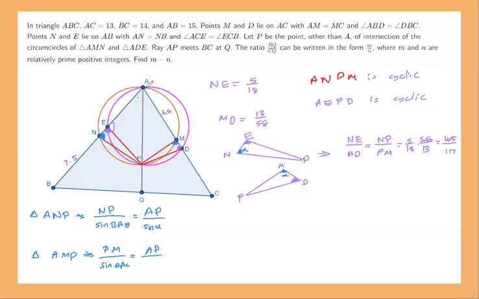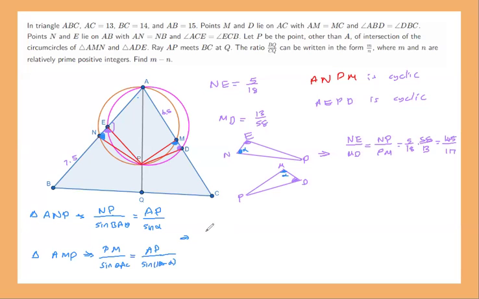AP over, so we know AP is opposite to this angle in AMP, but this angle is not the same as alpha. That's 180 minus alpha. Sine of 180 minus alpha doesn't matter, because the sine values of two supplementary angles are equal. So this is the same as this one. That means this fraction is the same as this fraction, which means the left sides of these proportions are also equal.